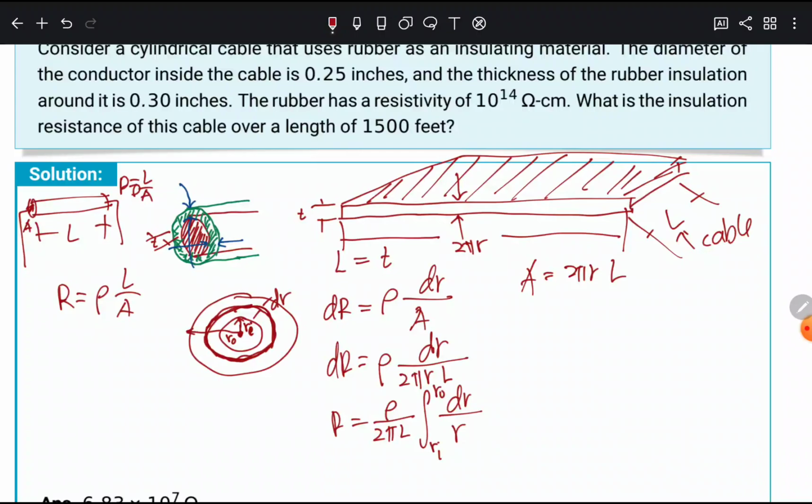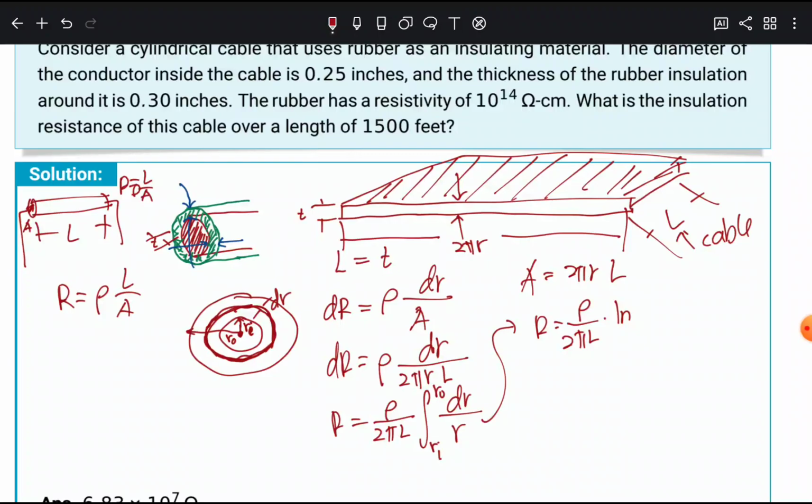And if you take the integral of dr over r, that's the integral of 1 over x, which is just ln x. So R now will be equal to rho over 2 pi l multiplied by ln of r. If we apply the upper limit and the lower limit, the fundamental theorem of calculus, the answer will be ln of r out minus ln of r in.